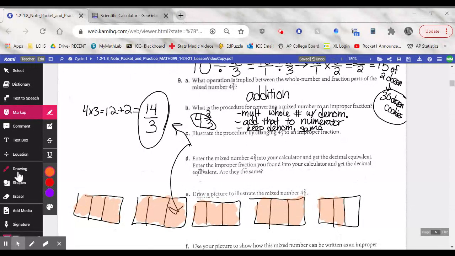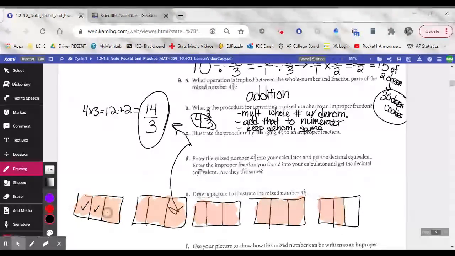And you can see that if we also thought about it as how many pieces are actually used up or colored in, we have 1, 2, 3, 4, 5, 6, 7, 8, 9, 10, 11, 12, 13, 14. 14, and each individual whole has 3 parts to it.